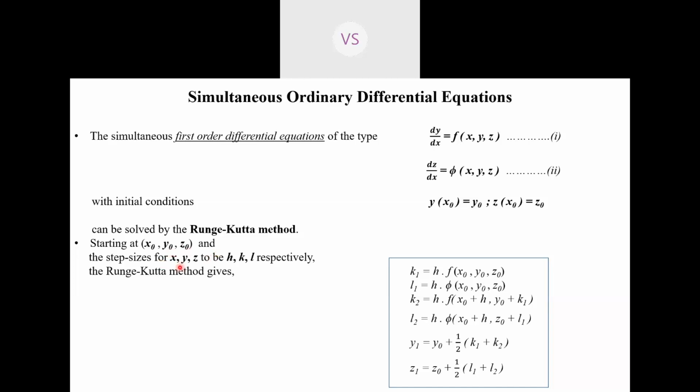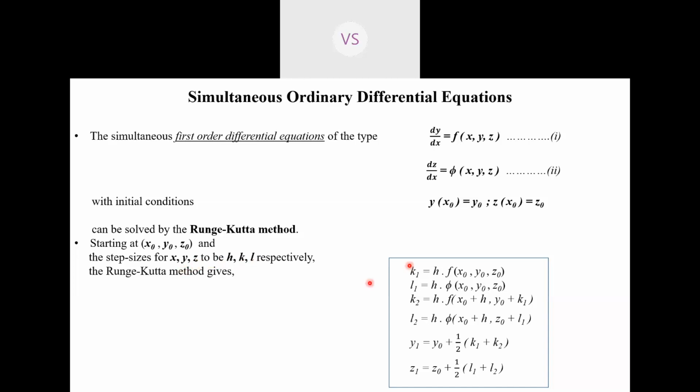Now the step sizes for x, y, z: as you know, the step size for x is h, for y we will take k, and for z it is l. Step size means the increment in the value of the respective variables.